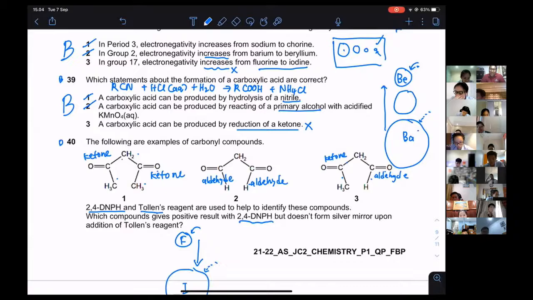So they are talking about ketone, the one that cannot have aldehyde. If you have aldehyde here, they will give you silver mirror. Ketone, no silver mirror. So therefore, only one. Therefore, the answer is D. Okay, so done, all the way to question number 40.